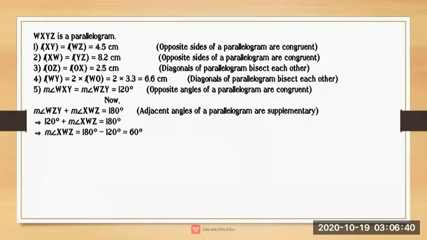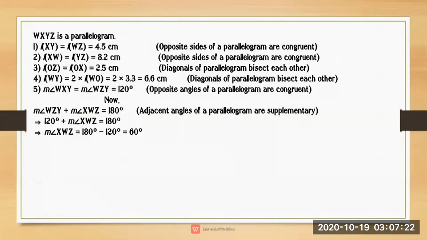Now I will show you the last point. You can see here the last sum, the fifth one, because the other four were very easy. You have given proper answers. But for the last, some students don't know what the proper answer will be. You can see here that measure of angle WZY plus measure of angle XWZ is equal to 180 degree, because adjacent angles of a parallelogram are supplementary. Now here WZY we got as 120 degree, plus we don't know angle XWZ.